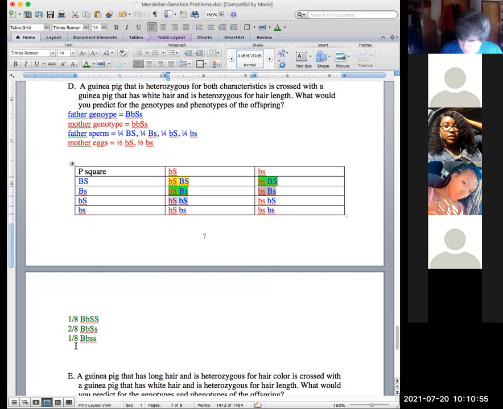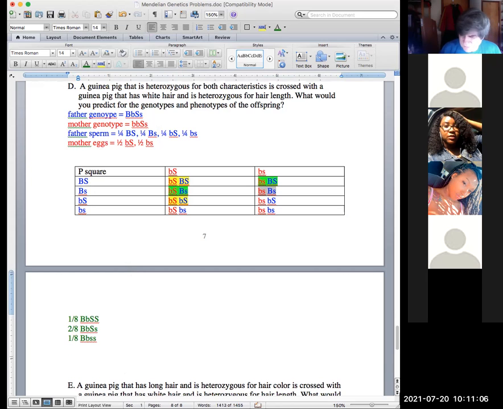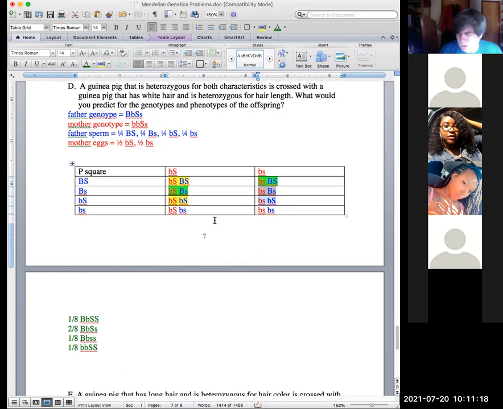Then I have 2 little b's, two big S's, then I have 2 little b's, big S, little s, and it looks like there are 2 of those.